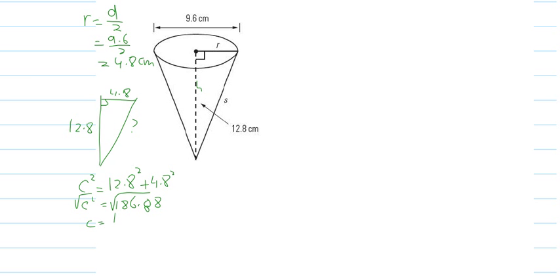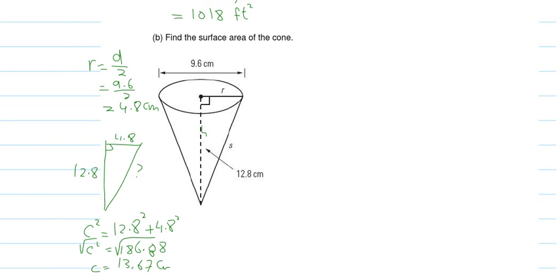So these are the extra steps I had to make to solve my problem. Now, what do you know? You know the radius, which is 4.8, and the slant height is 13.67, and you're looking for the surface area of the cone.